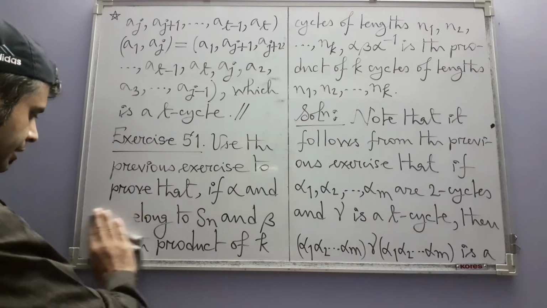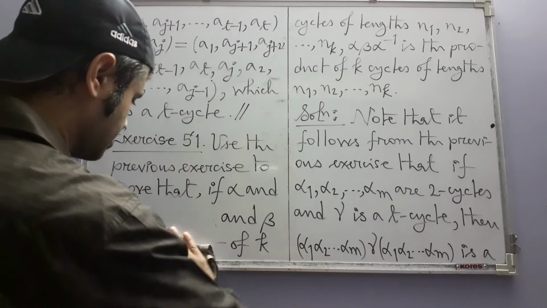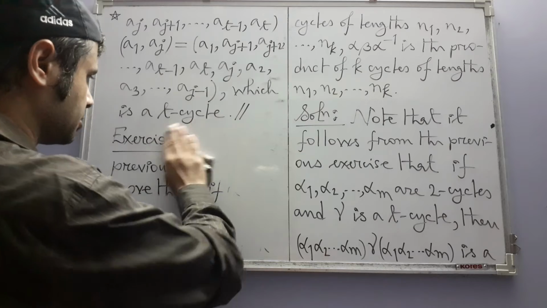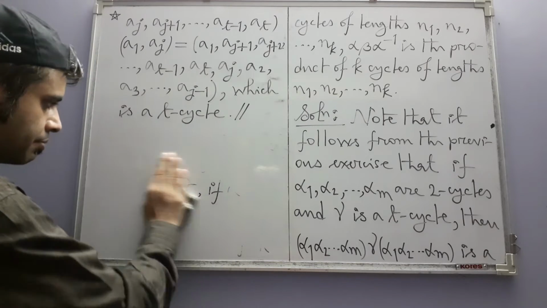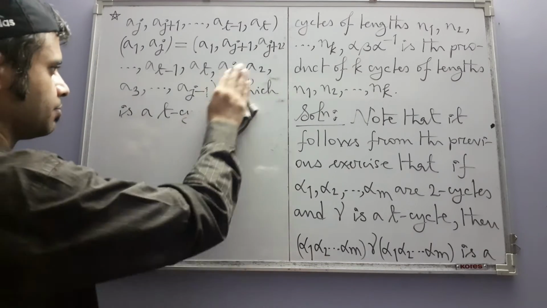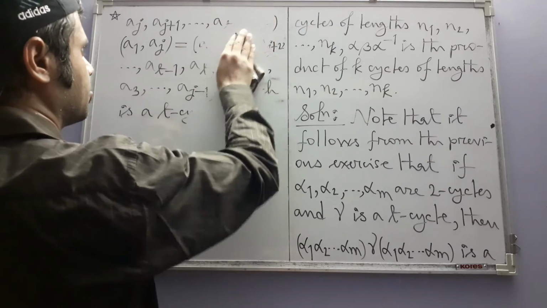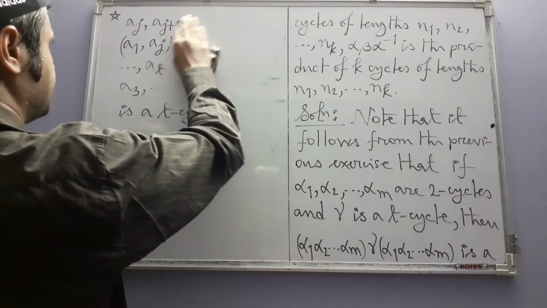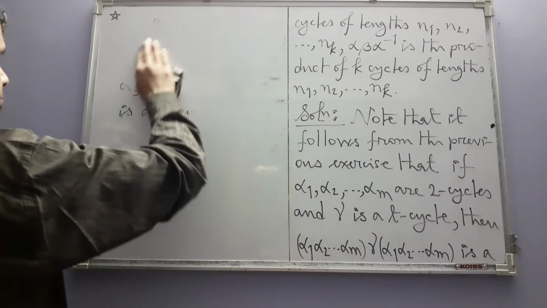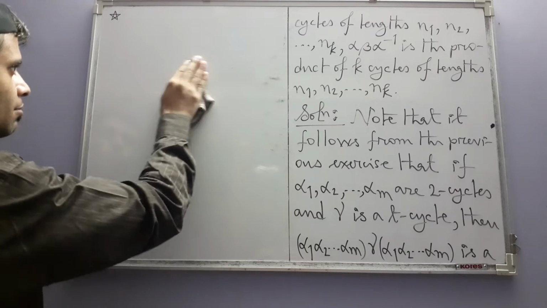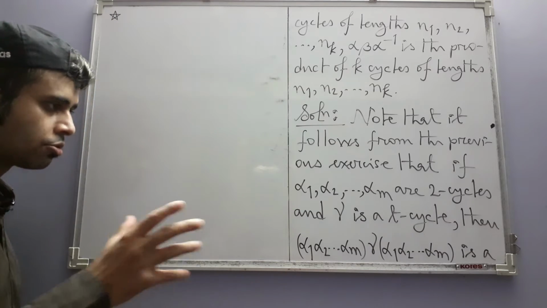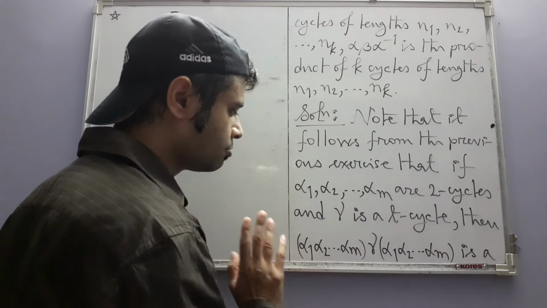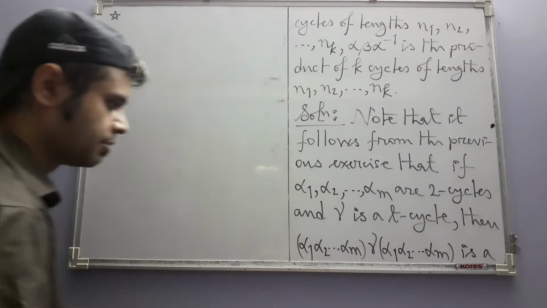How exactly are we getting this result? It's the generalization of the result of the previous exercise. Then it is very simple. What you do, let me just first clean the board. So what we are saying is that instead of having only one 2 cycle, we have a number of 2 cycles.